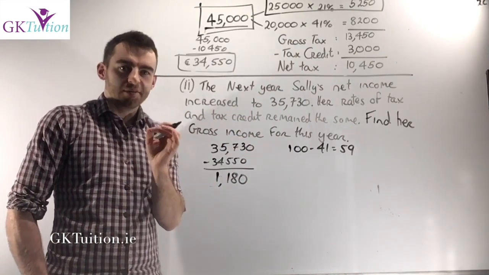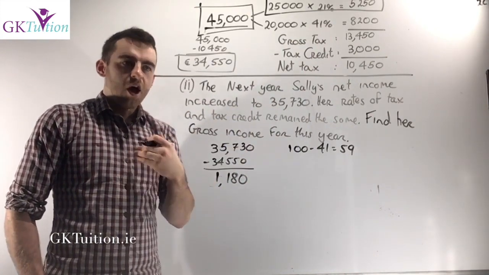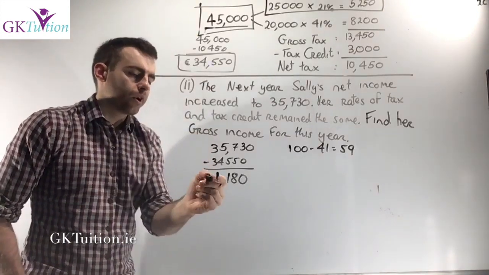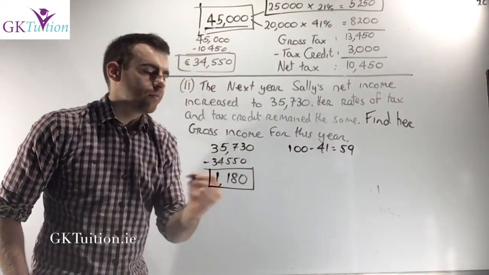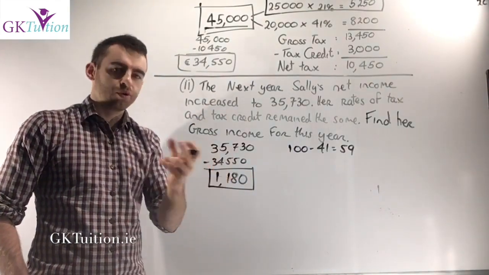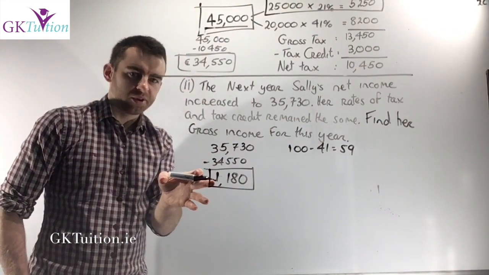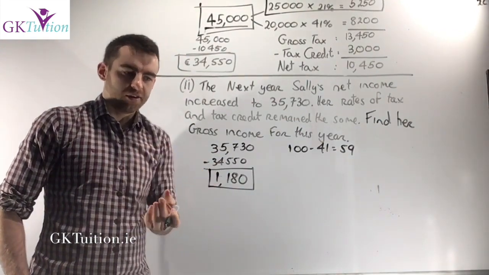She would have received 59% of the increase in her gross income. But we've already worked out that the amount of extra money she's earned is 1,180. I can deduce that this is 59% of the increase in her salary.